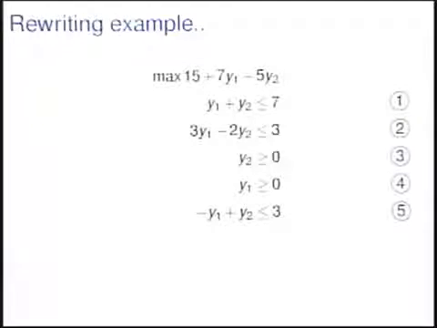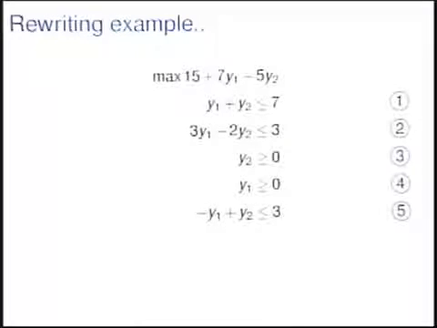Now, which ones are the tight inequalities? Yeah, 3 and 4. They'll always have that form. They'll be the ones where the variables of interest are equal to 0, because the coordinate system we're using is the one where the yi's are all 0.